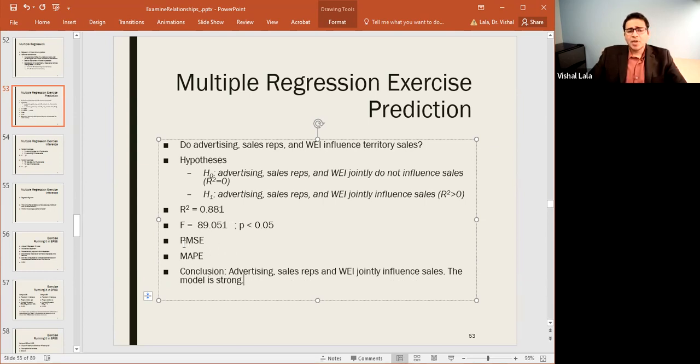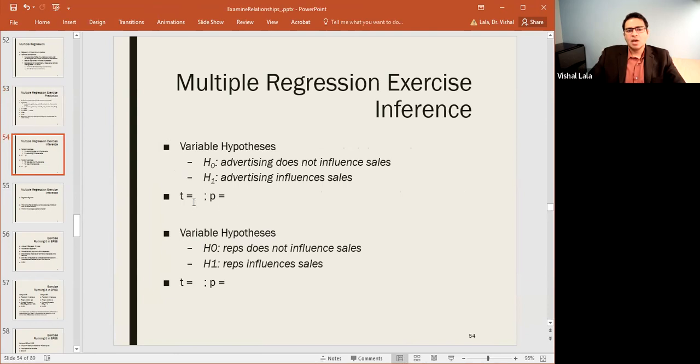There are a couple of other metrics for assessing how good the model is beyond just the R-squared. Those are RMSE and MAPE. I'll circle back to them in just a little bit after we're done interpreting the multiple regression equation. So let's now examine our individual hypotheses.